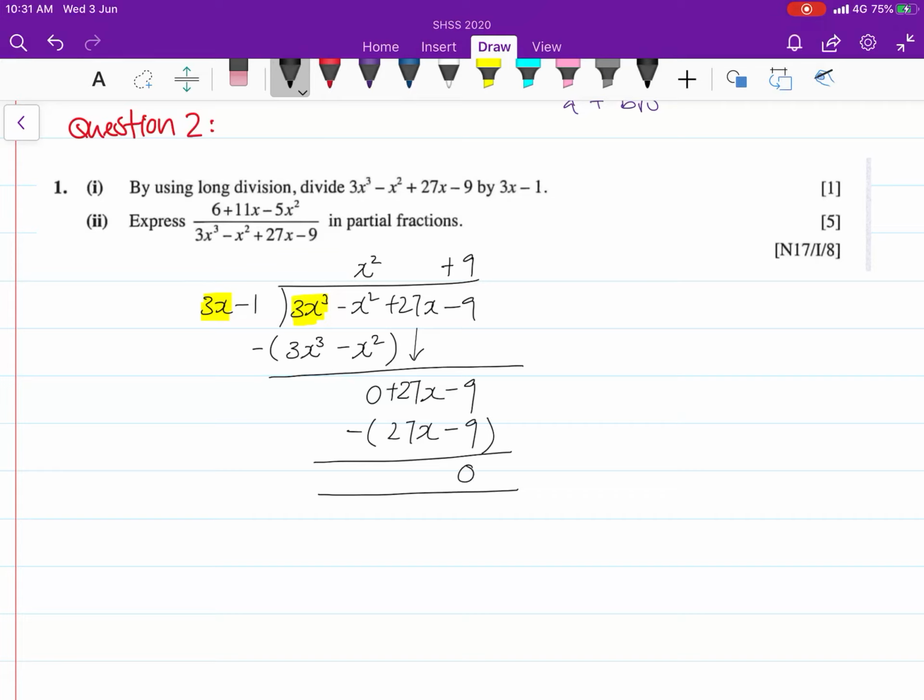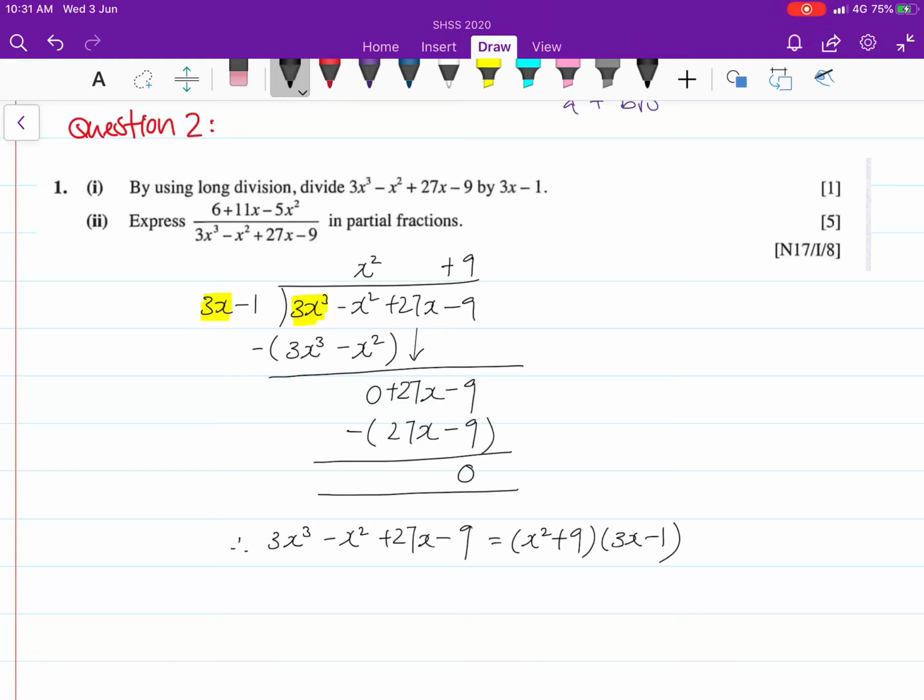You will realize that 3x minus 1 is actually a factor of 3x cubed minus x squared plus 27x minus 9. So therefore, 3x cubed minus x squared plus 27x minus 9 is actually equal to x squared plus 9 multiplied by 3x minus 1.